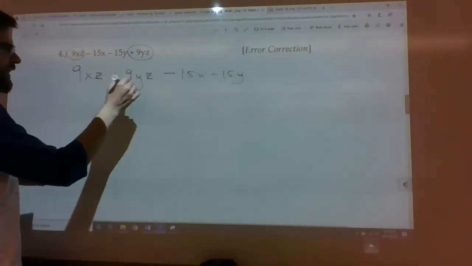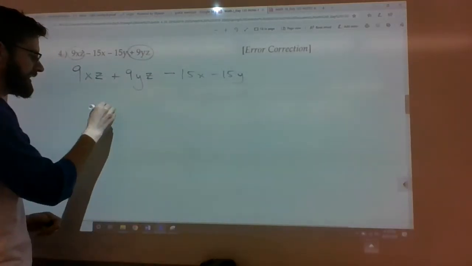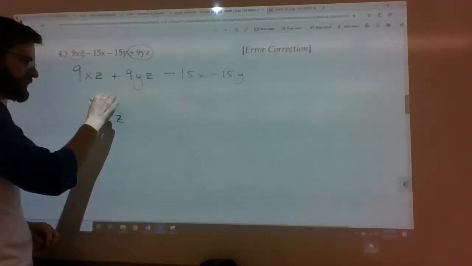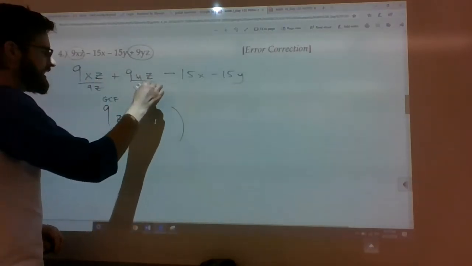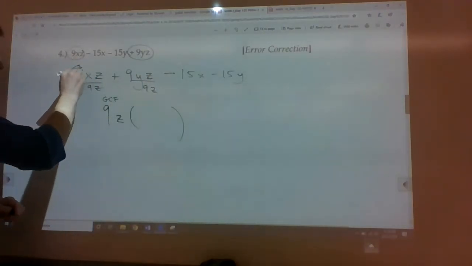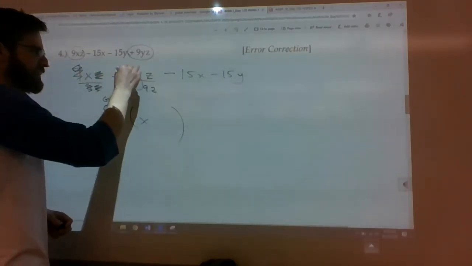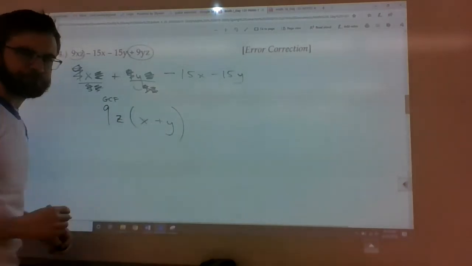So then with this group right here, 9z and 9z seem like the obvious thing. So I'm just going to go for it. 9z is the GCF. When you divide by 9z and divide by 9z, these cancel. X is all that's left. These cancel. Y is all that's left.